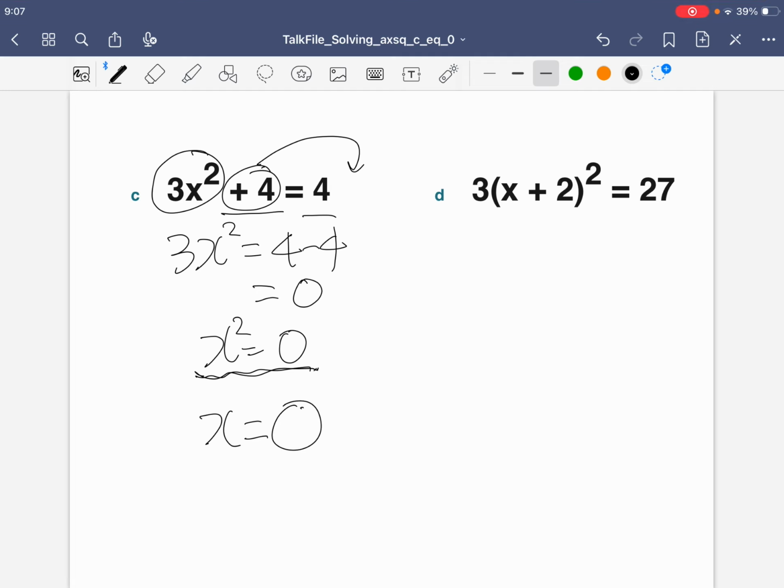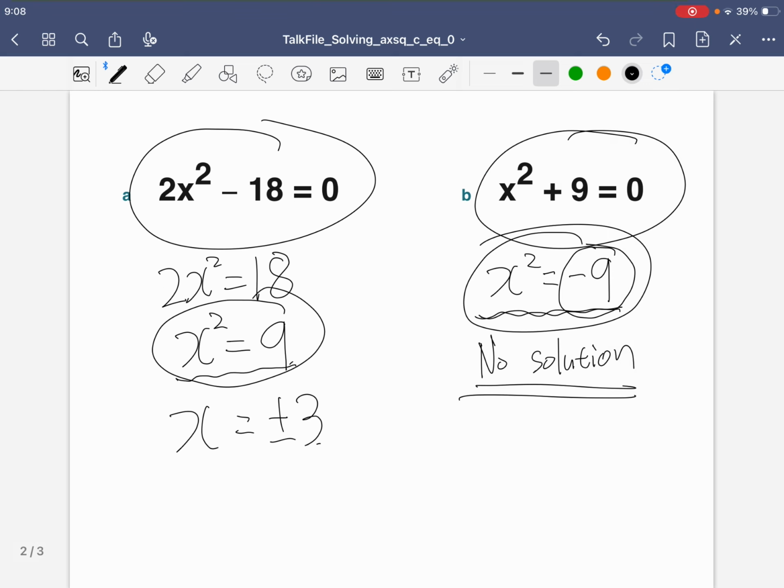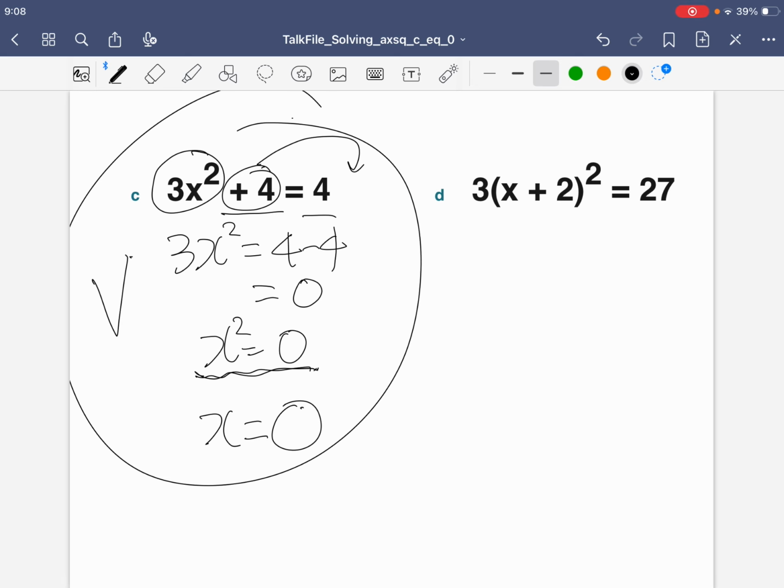So in this special case, we have only one x value, only one solution. So far we learned all the cases. In this case we have two solutions. In this case we have no solution. In this case we have only one solution. Pretty interesting. So we cover all cases that could come up in the future.